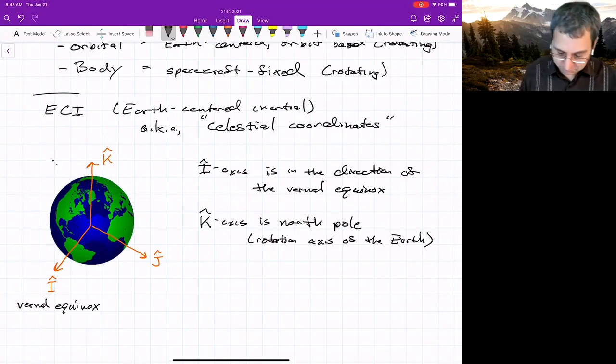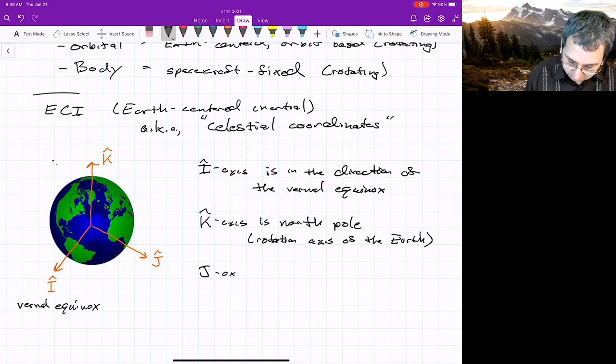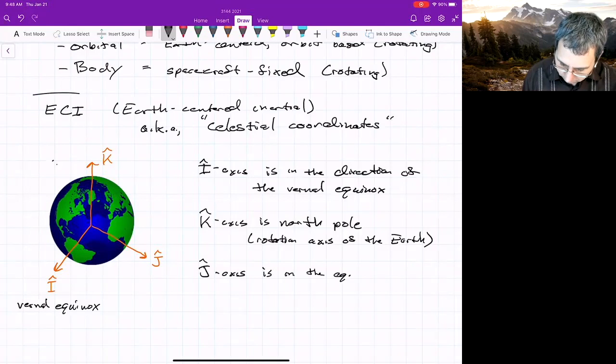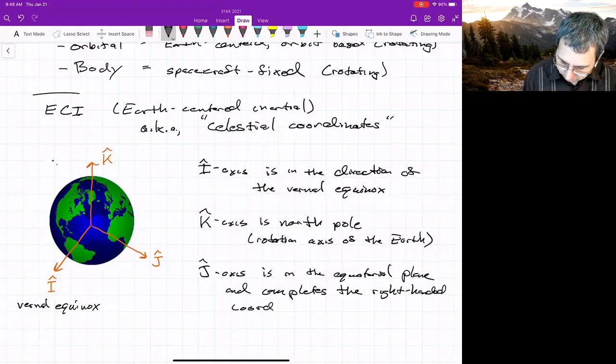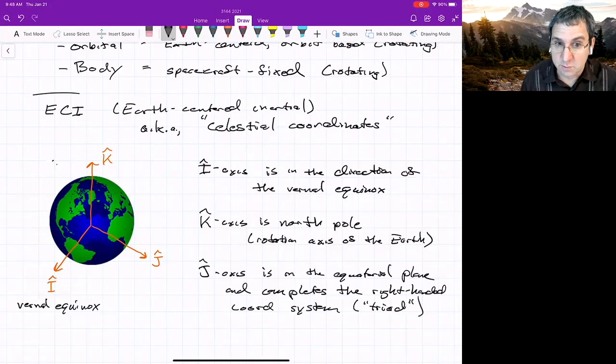So it completes the triad of unit vectors, and it's going to be in the equatorial plane. I'll sometimes refer to a triad of vectors, and that's what I mean.